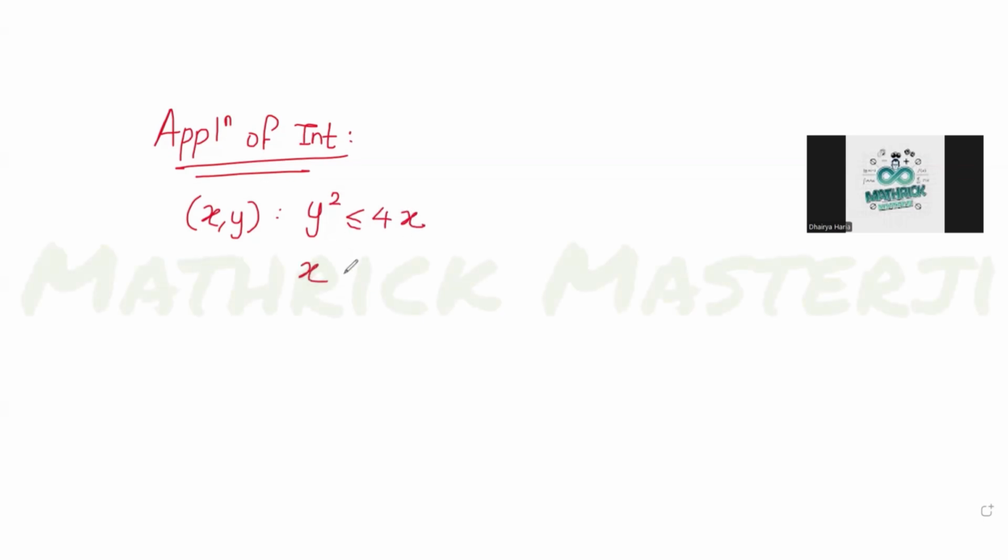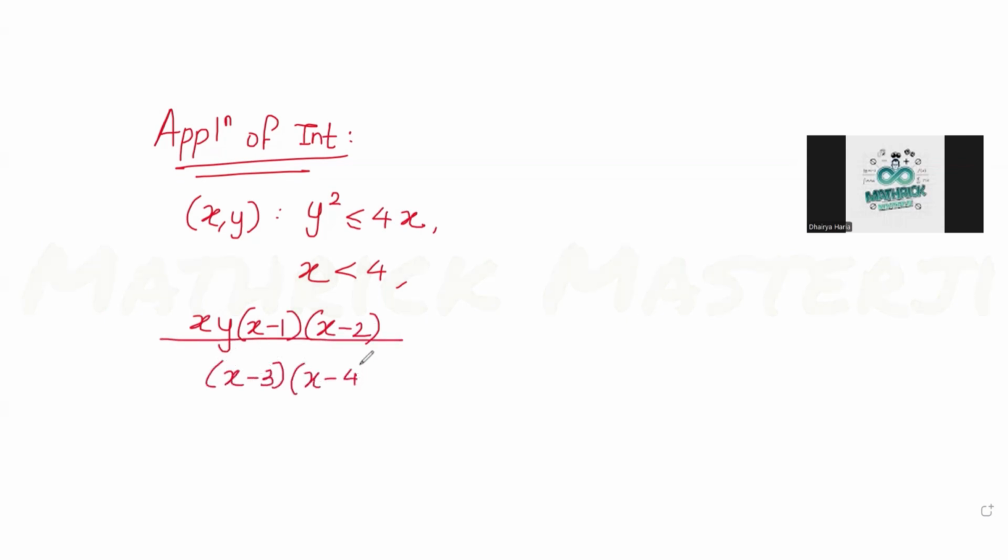The next is x less than 4. And the third is x times y times (x minus 1) times (x minus 2) over (x minus 3) times (x minus 4), this entire expression greater than 0. One more condition is given: x is not equal to 3.